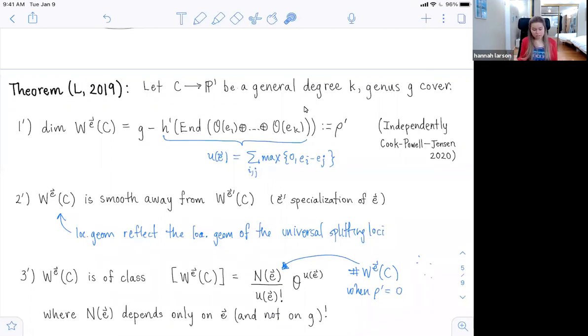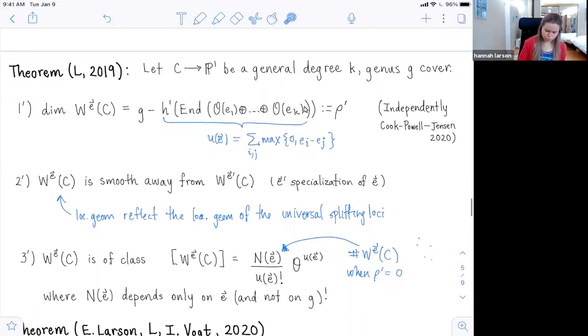And then another natural question I think this theorem prompts is, are the splitting loci W^e irreducible? We saw that W^r_d broke up into many components. What's to stop W^e from itself having many components?